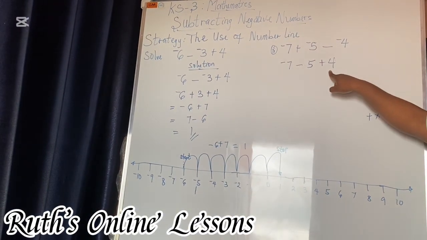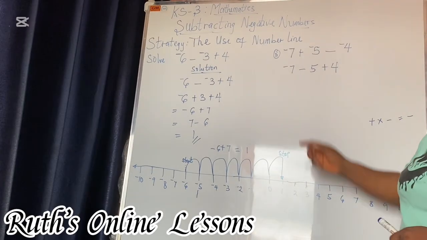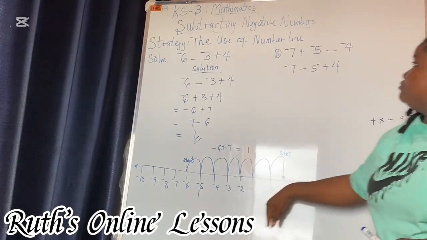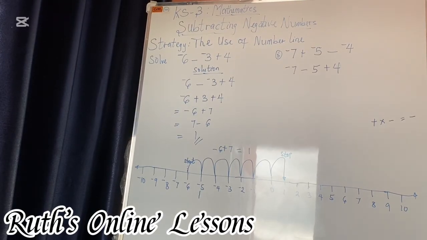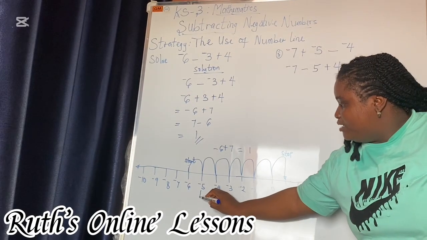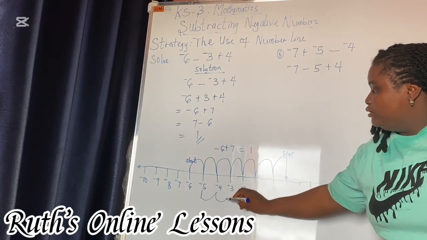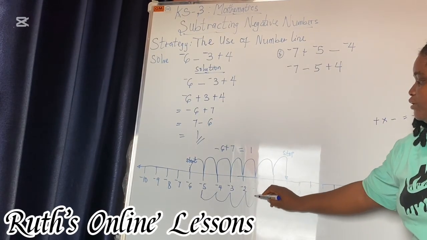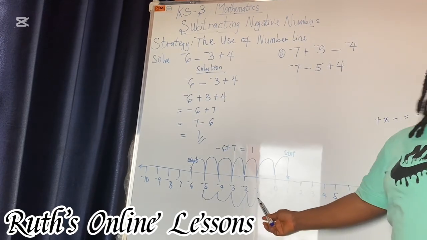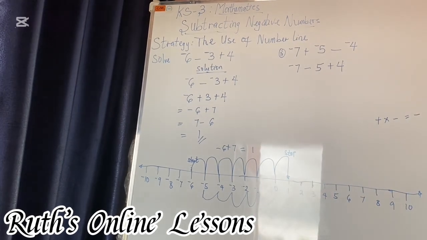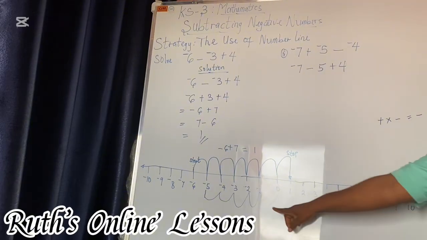Plus 4 will mean that we move how many steps? We move some steps forward because this is plus 4. So this is my first step, 1, 2, 3, 4. So I started here and I ended here, and this is minus 1. So minus 5 plus 4 is minus 1.